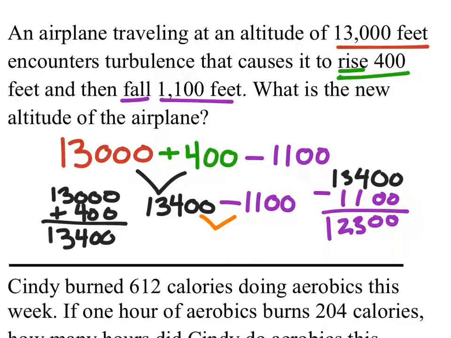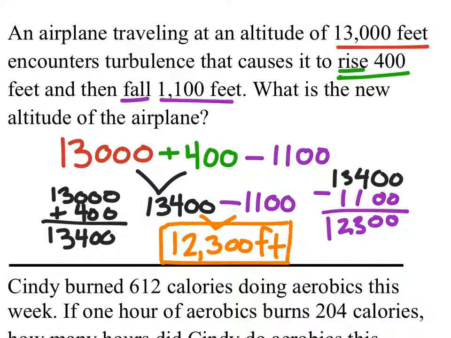So it ends at an elevation of 12,300 feet. Now, for those of you that are wondering, and those in my classes know, the answer is not 12,300. It needs to be labeled in feet on this one. So whenever we see word problems, we should be labeling the answers.